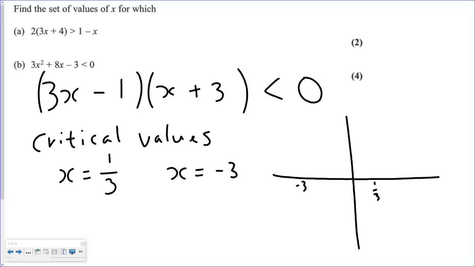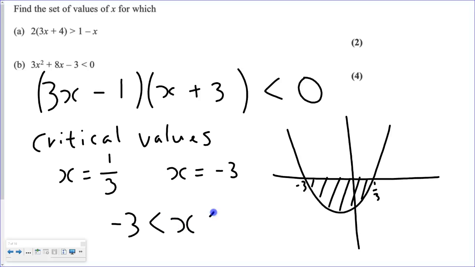Now because it's positive x squared here, it's just a U shape, or a happy graph as some of you know it as. And because I'm solving this inequality for less than 0, I'm looking at all the values that are less than 0 as solutions. So it turns out that everything between minus 3 and a third is a solution.